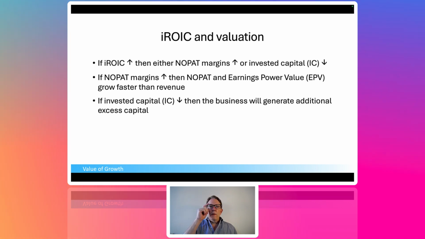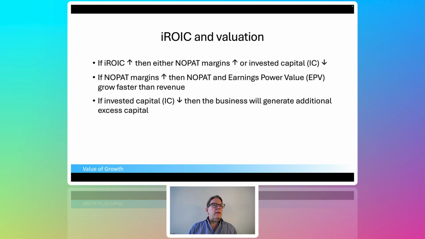All right, so now if your incremental return on capital is going to go up, there's a couple implications. If the incremental return on invested capital is going up, then either NOPAT margins, profitability, is increasing, or the amount of capital you need incrementally per dollar of earnings is going down, right?